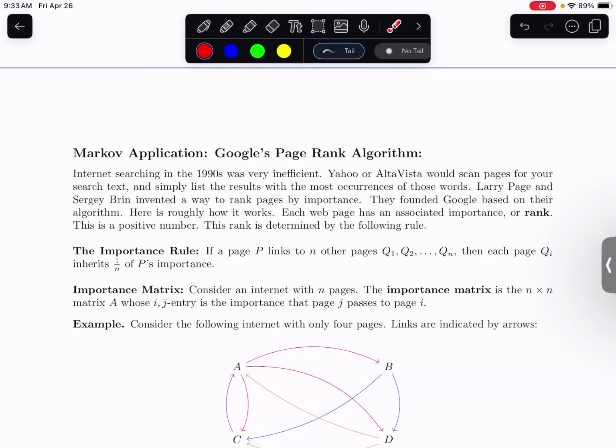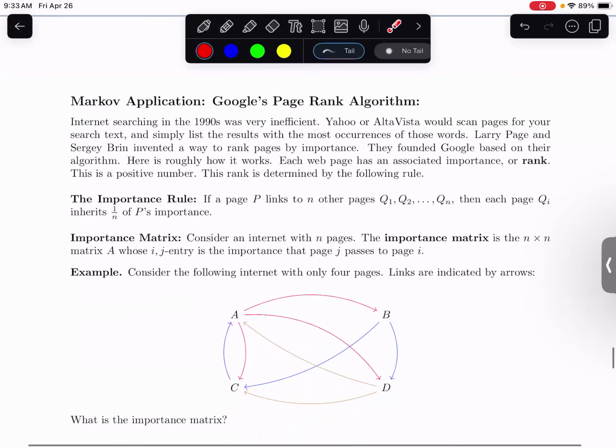Two guys, Larry Page and Sergey Brin, came up with a new way of ranking pages by importance. They used these Markov matrices and eigenvalues and eigenvectors to determine importance. So they founded Google based on their algorithm.